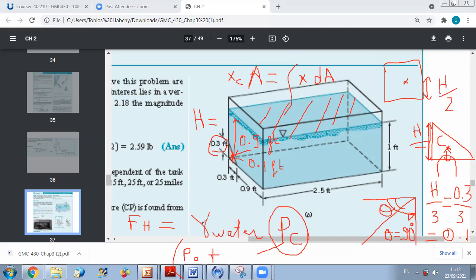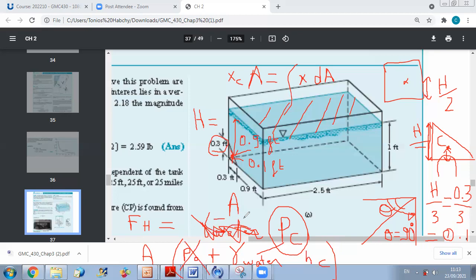Here it's area times PC, and PC will be written as gamma water times the depth of C, so the area times P0 plus gamma water times H of C. Now we said that P0 can be neglected compared to the other term, so it cancels out.